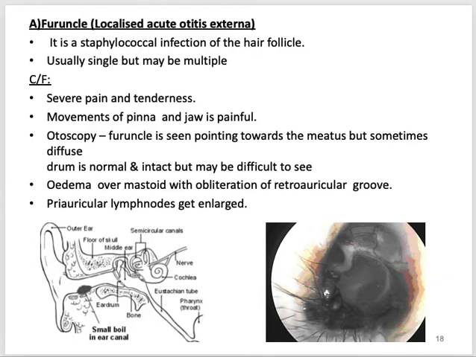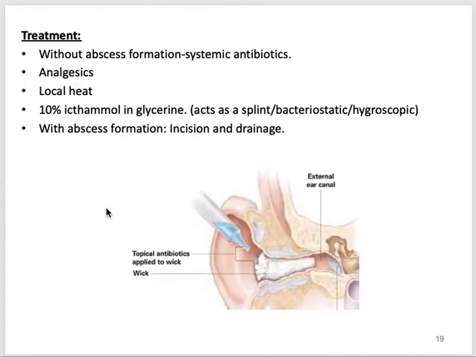So how we treat these patients is simply, depending on whether there is abscess formation. If there is an abscess, of course we have to drain the abscess. But whenever it is without abscess formation, we give them systemic antibiotics, painkillers, and we can give them local heat.